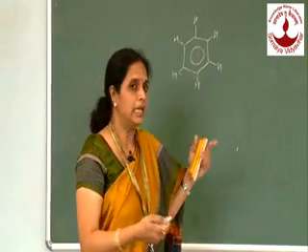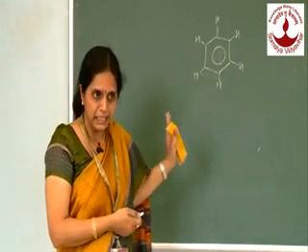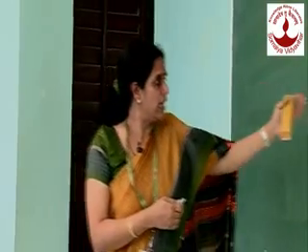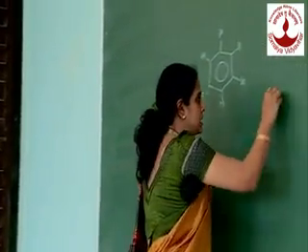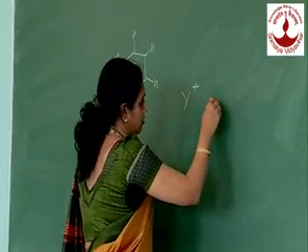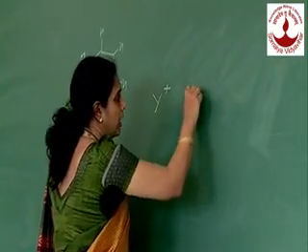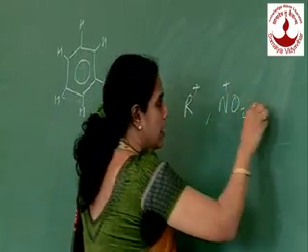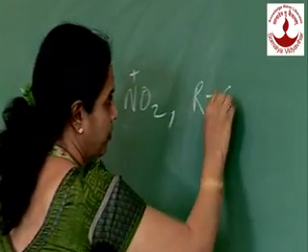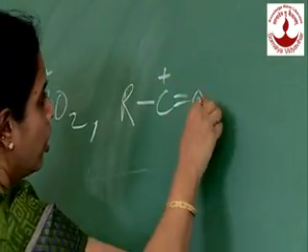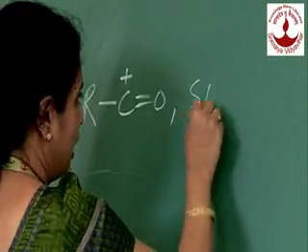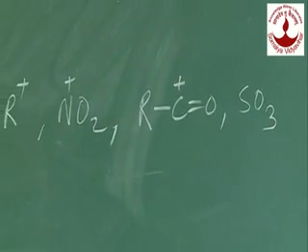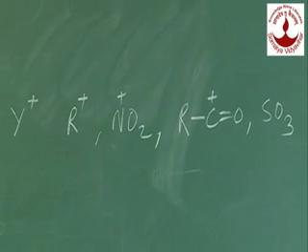So therefore they can easily react with the benzene ring which is having a pi cloud of electrons. Now the examples of these electrophiles could be alkyl carbocation, a nitronium ion, acylation cation, or you can have SO3 which can act as an electrophile, to name a few of these.